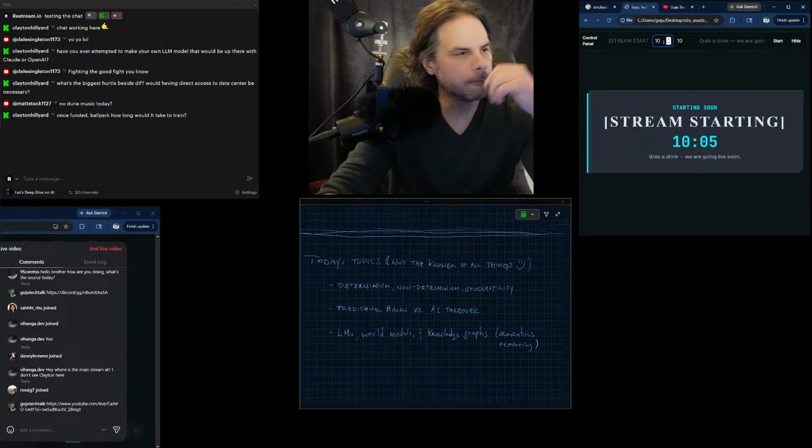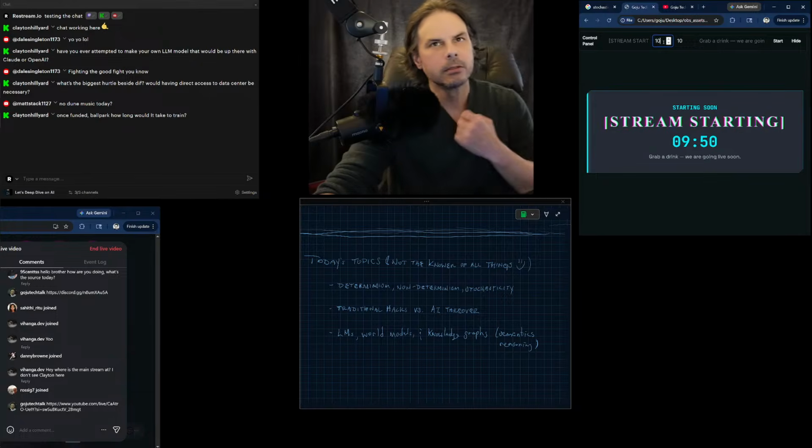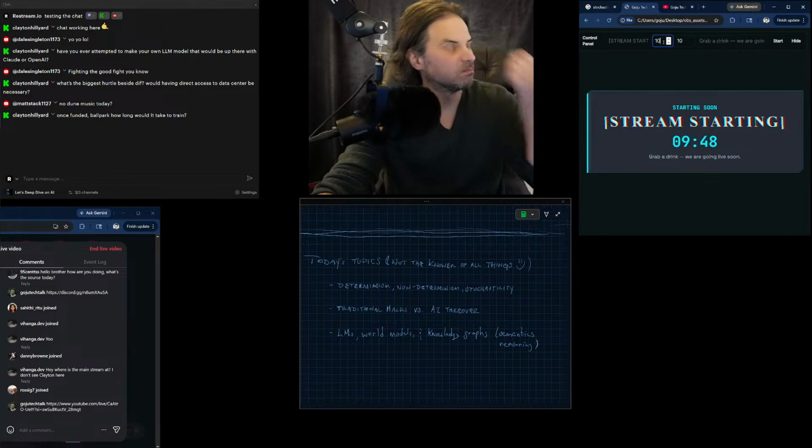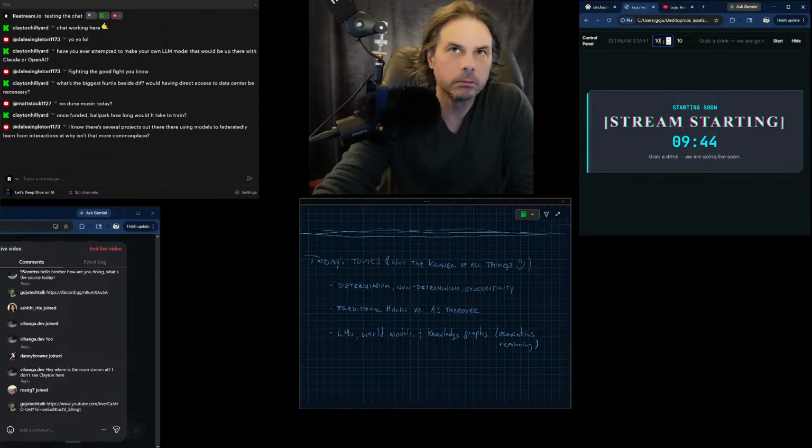Once funded, ballpark to train: once we have the infrastructure, the topology, in place, 2 to 3 weeks to get the baseline model, another 2 to 3 weeks to refine it to where it's pretty competitive.